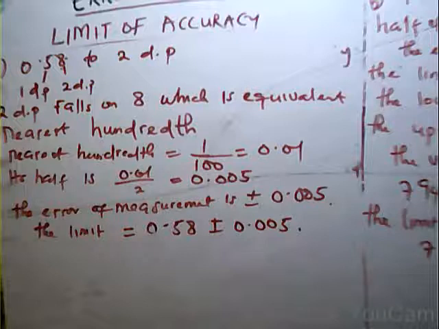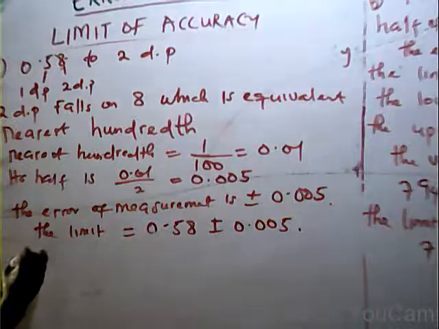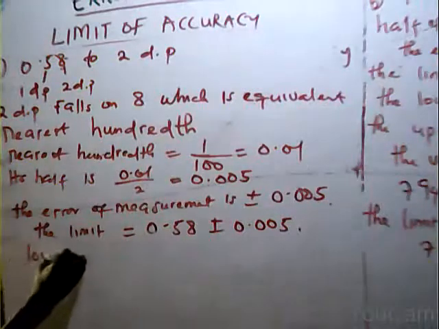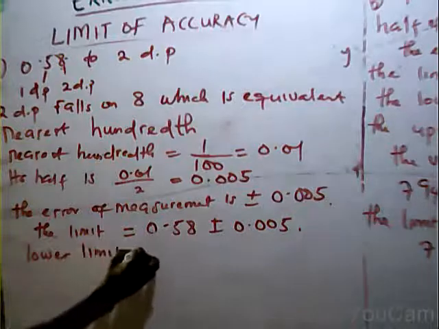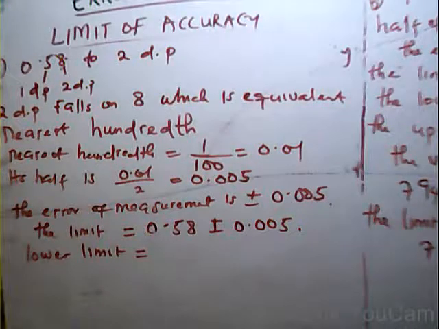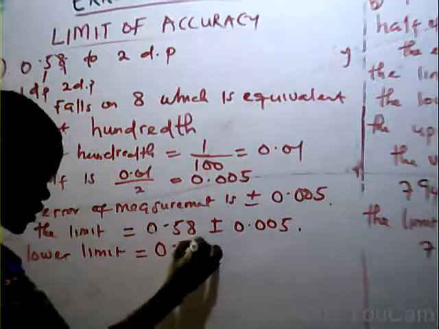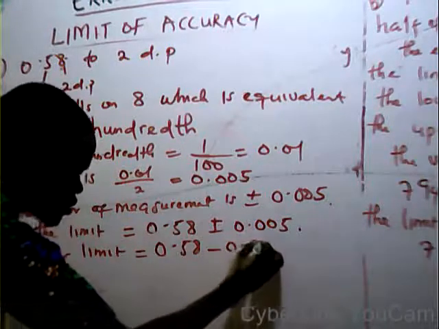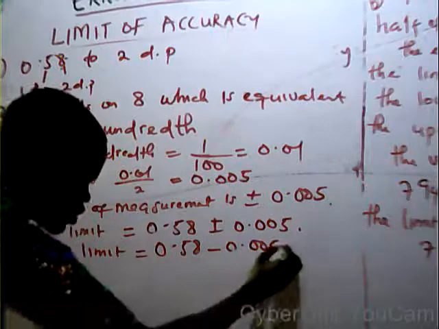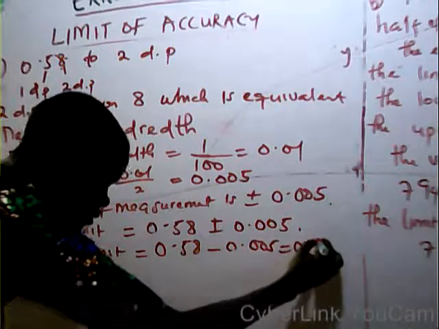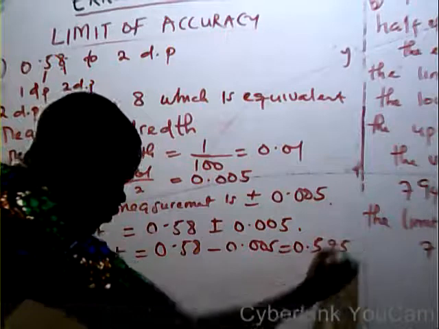So you have lower limit to be what? 0.58 minus 0.005, which is 0.575.